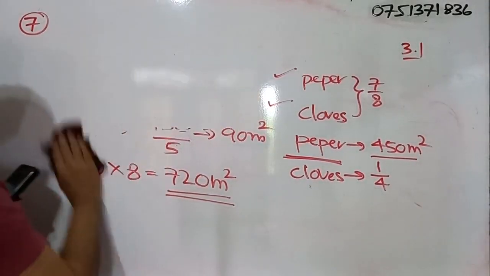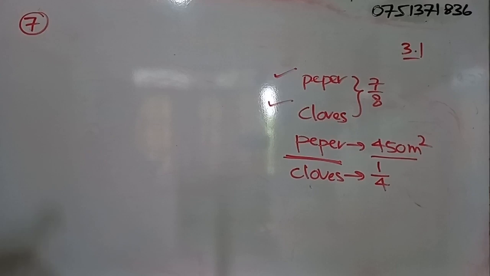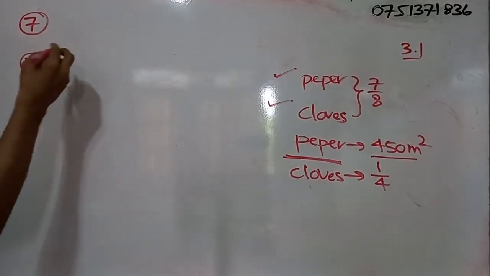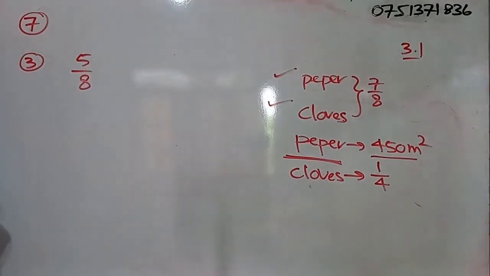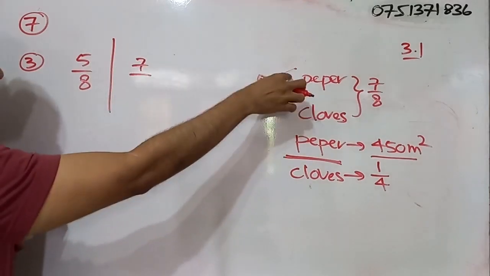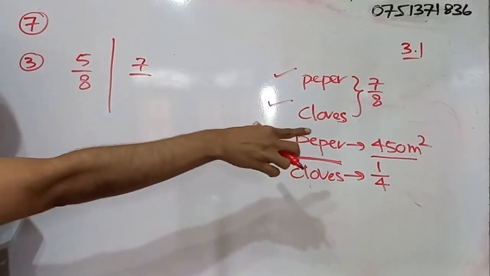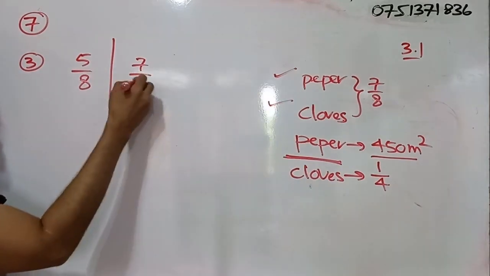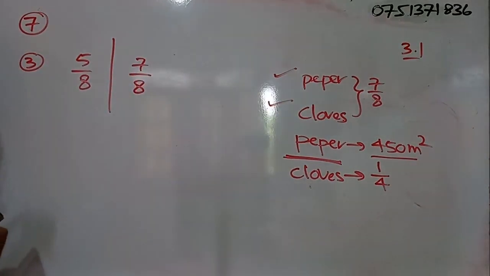Right, so in the next part, they are asking the area in which cloves has been cultivated. Black pepper has been cultivated in 5/8 of the land. And the total amount of land which both the pepper and the cloves has been cultivated is what? 7/8.